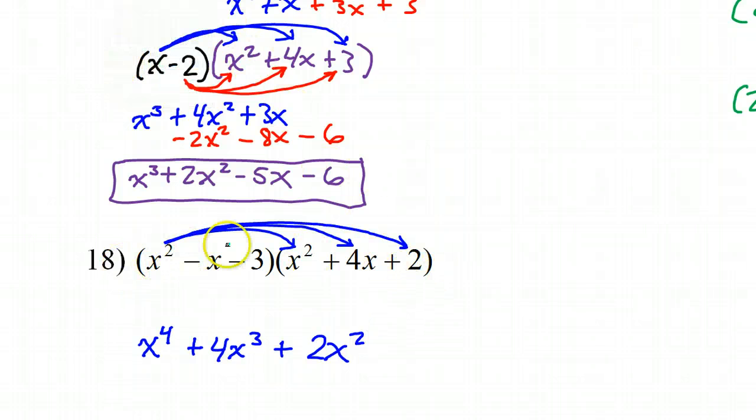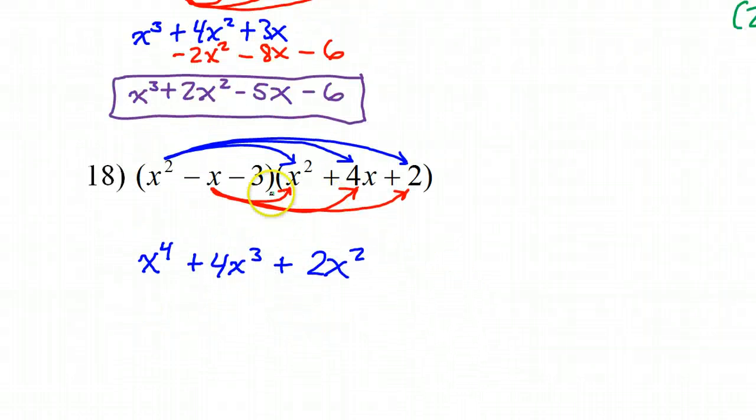Now I'm going to distribute this negative x. Negative x times x squared is going to be negative x to the 3rd power.